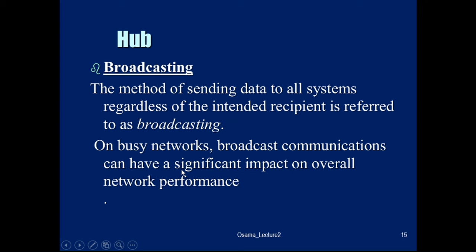It decreases the performance, because we send the data to all systems.